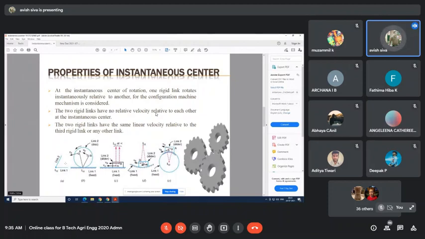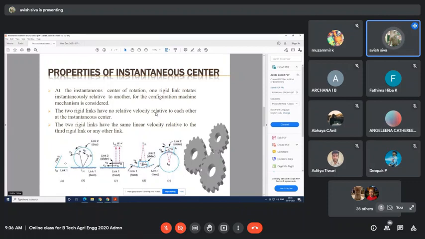It can be curved also. In that case, the instantaneous center lies on their point of contact. So that is another situation.